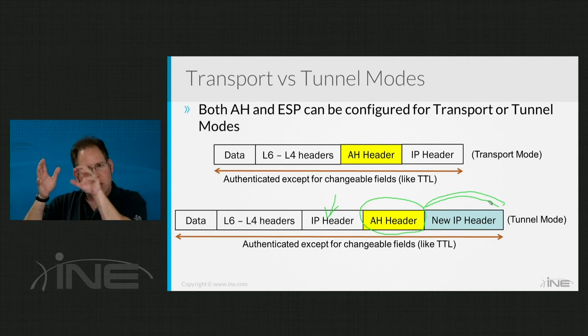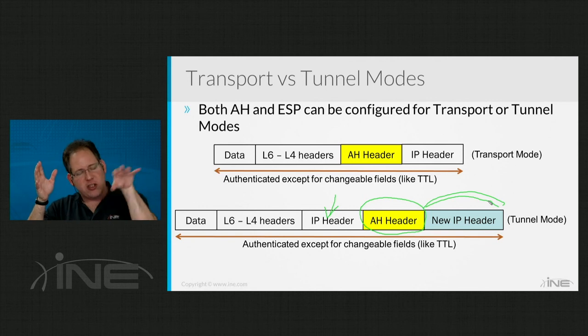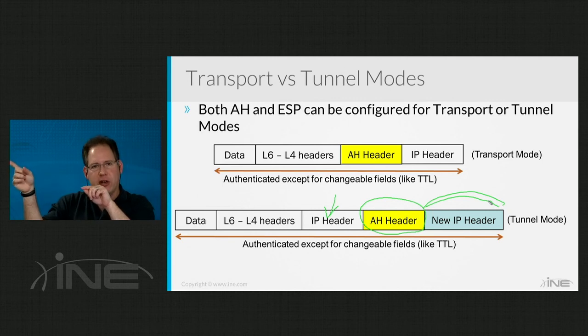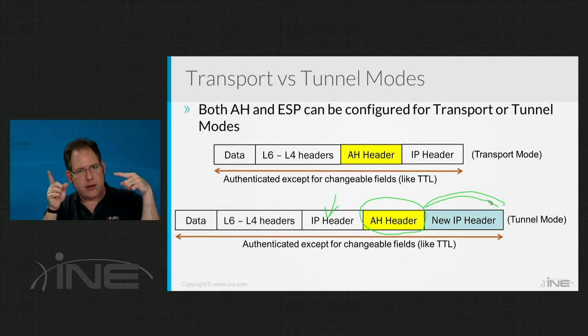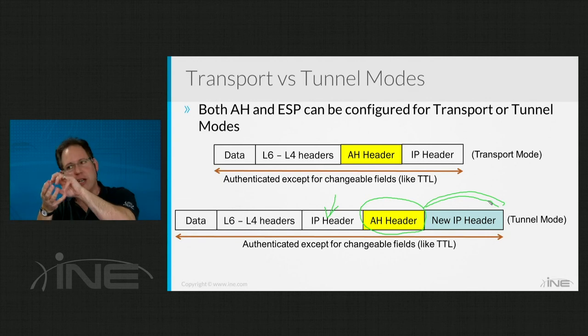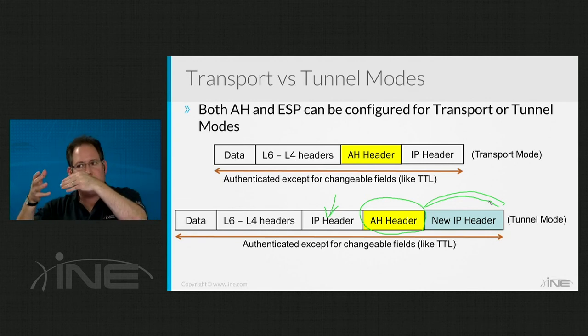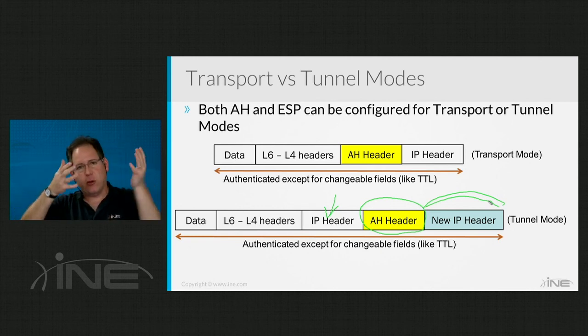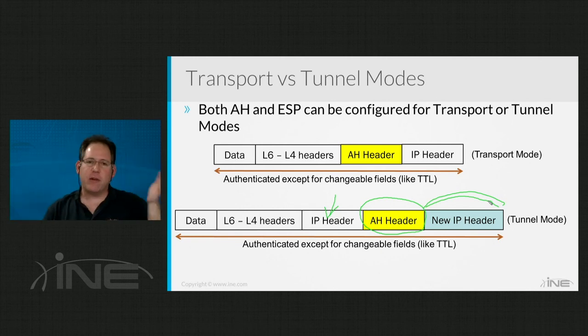The source of the new header is the router that just tunneled it, and the destination address of that header is the router at the other end of the tunnel. Once that tunneled packet gets to the other end of the tunnel, it's going to hit some other tunnel interface where that additional header will be stripped off, revealing the native packet inside so it can go along its way. Same kind of idea here.